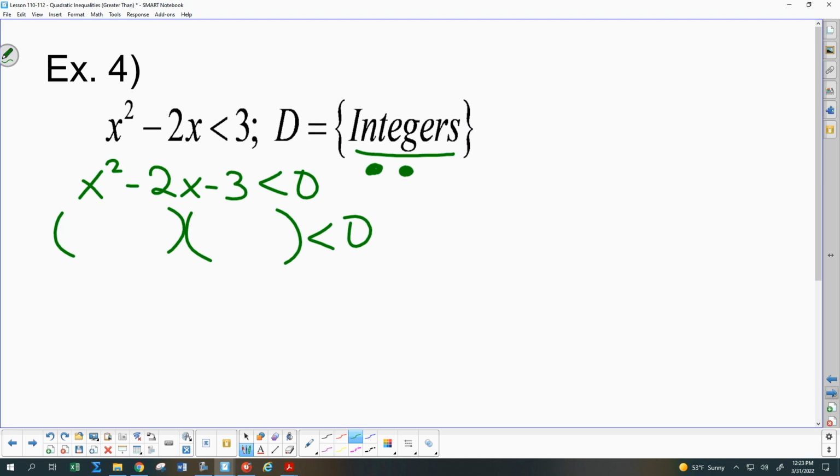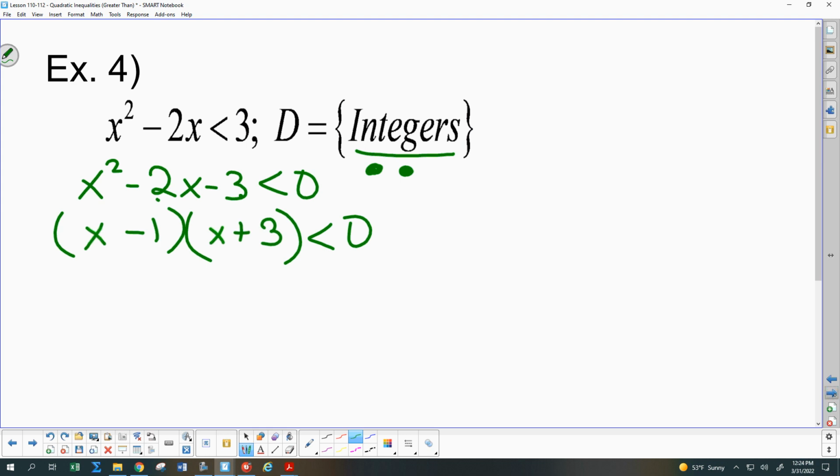And I need some help factoring. Caleb, could you factor that for me, please? Looking for multiplying to be -3 and adding to -2. So if I do a +3 and a -1, they'll multiply to be -3.